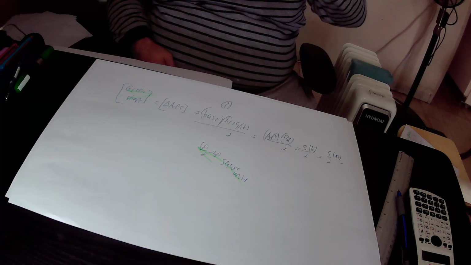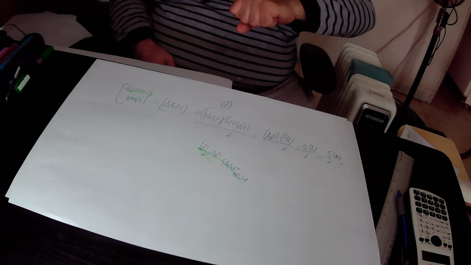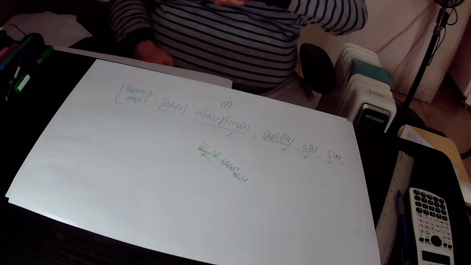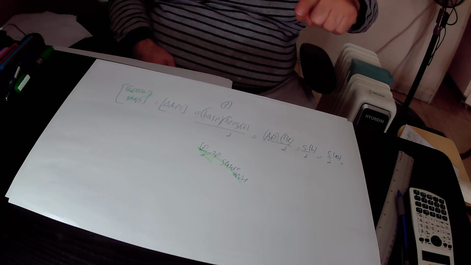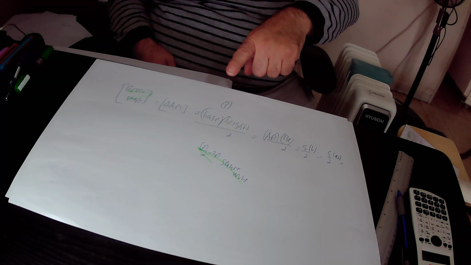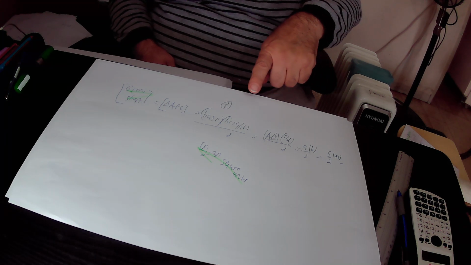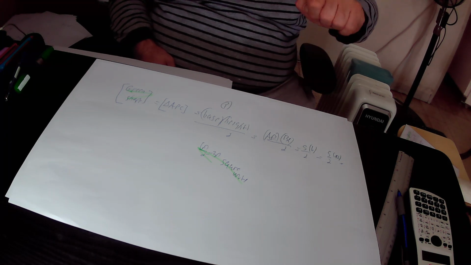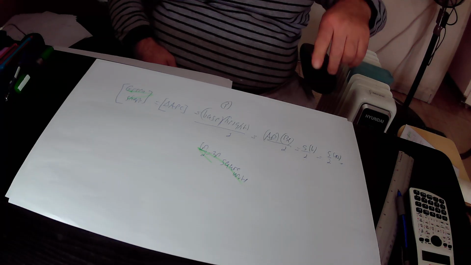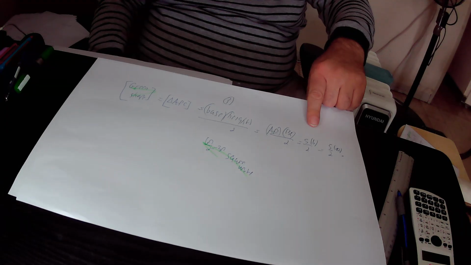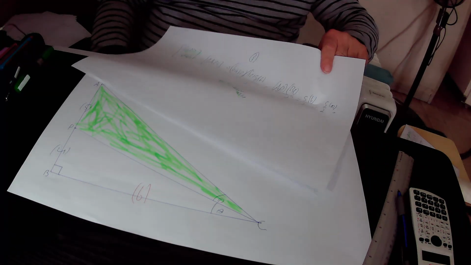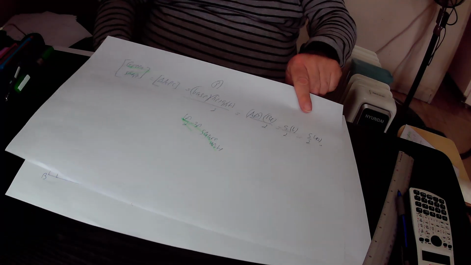So the area of the green shape is the area of the green triangle ABC. We know that the area of a triangle equals the base times the height of the base over 2. Choose the base AP, the height of the base BC, over 2. So AP equals 5 times BC equals b, divided by 2.